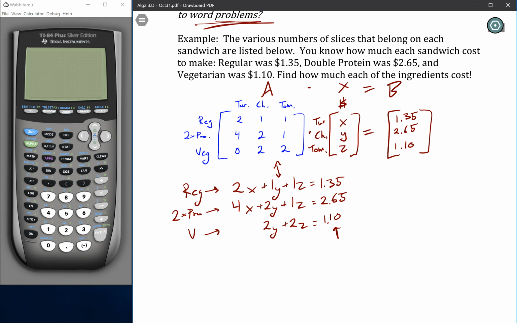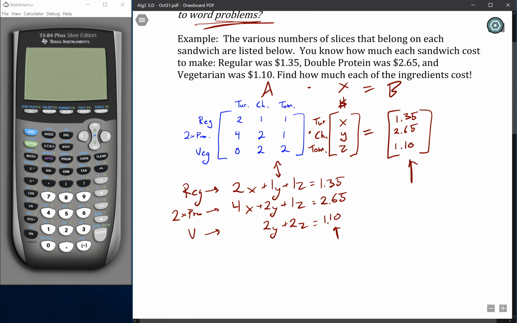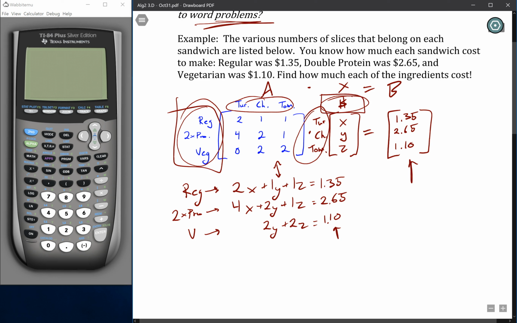Remember we multiply these out, and then this matrix should represent the rows and the columns. Does the regular sandwich cost 135? Yeah. Does the double protein cost 265? Yeah. And the columns, is this a cost? Yeah, definitely. So all of the units make a lot of sense with this problem. They all line up with each other.